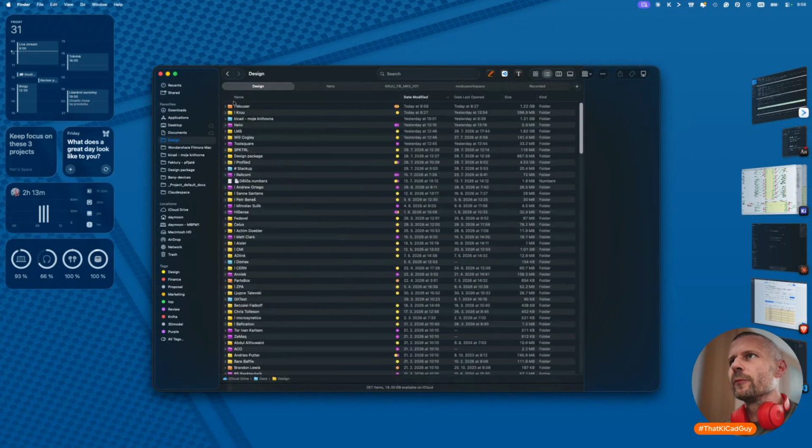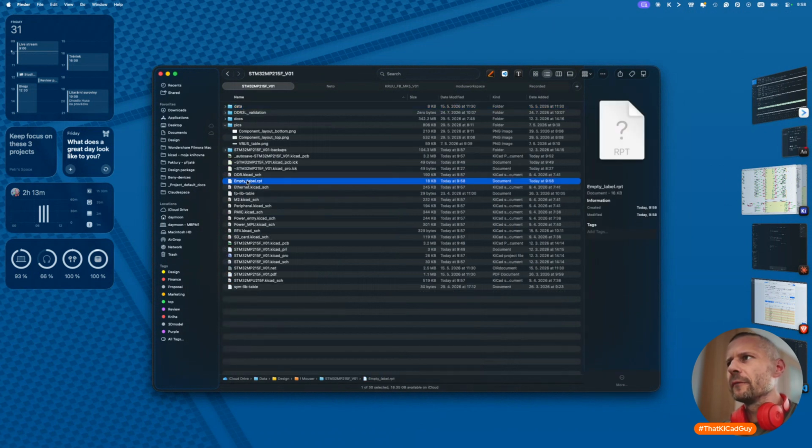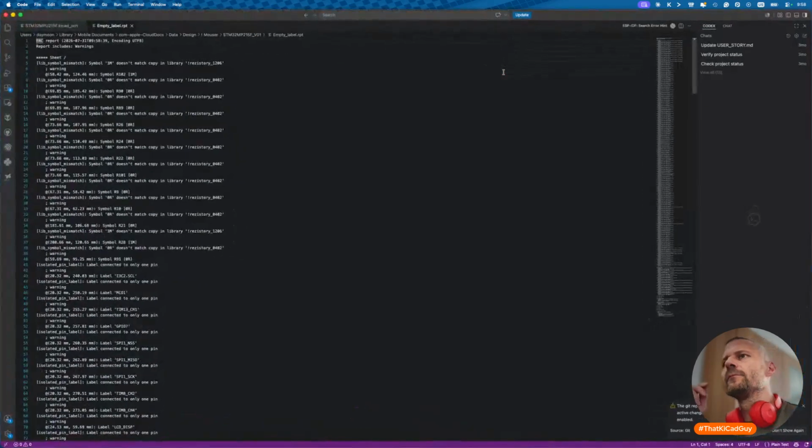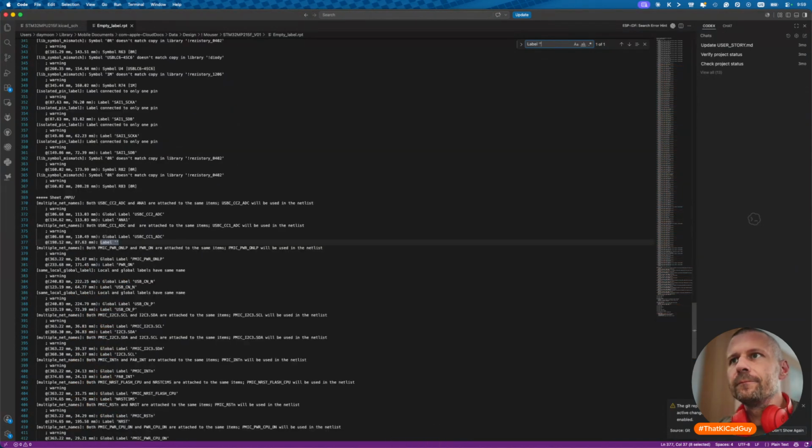I have to open the report. Empty label here, and we want to here. Empty label is here. Here is a coordinate, but okay, how to do it?